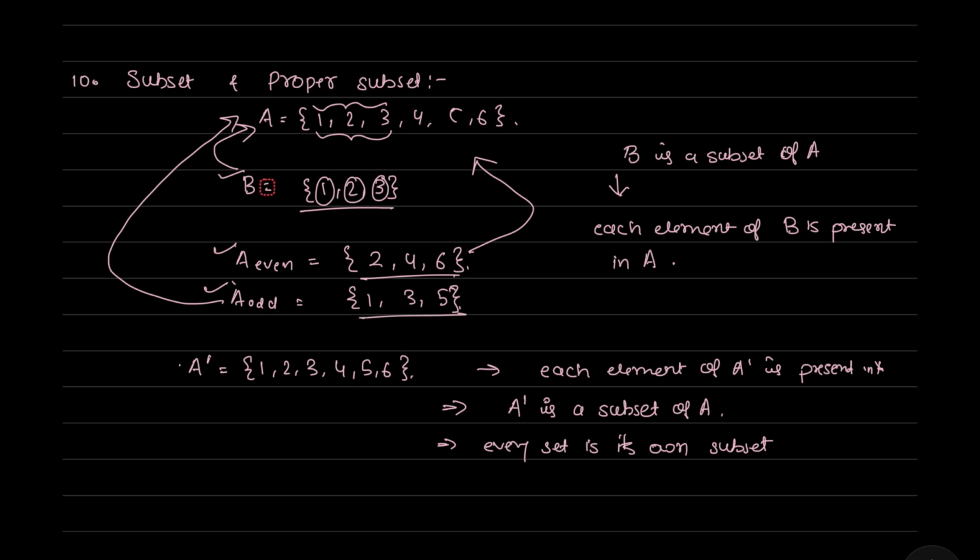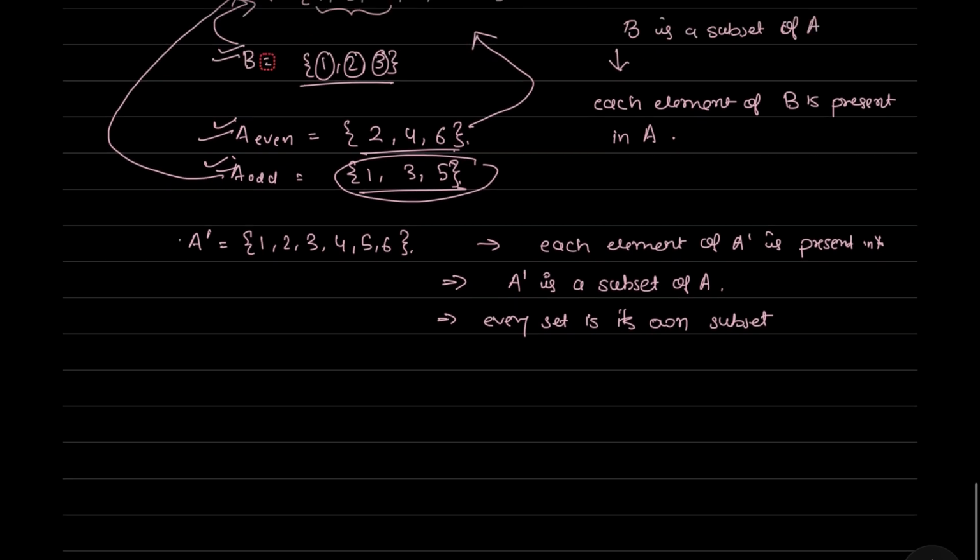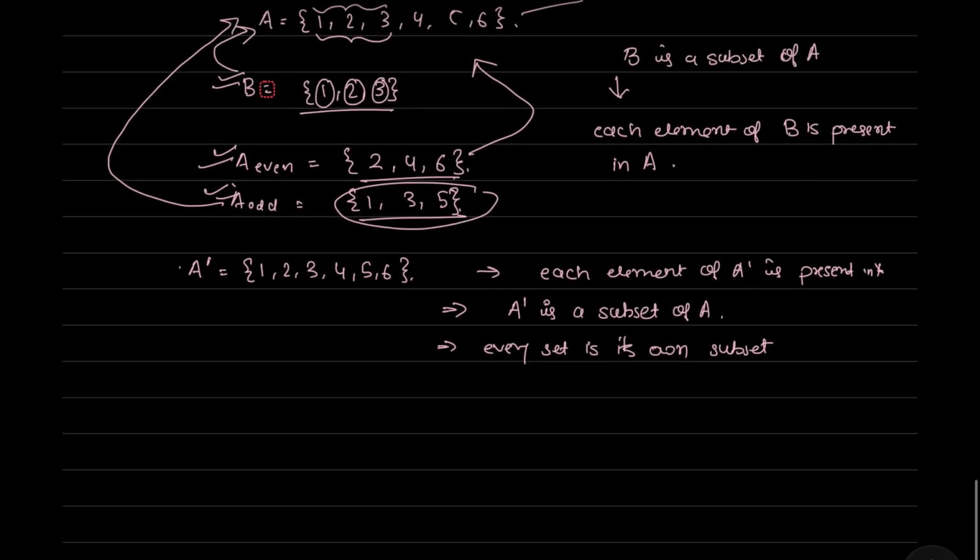All of these are proper subsets of A. The reason being the number of elements in B, A even, A odd is less than the number of elements in A. Hence, these are called proper subsets. So basically, you can say every proper subset is a subset.